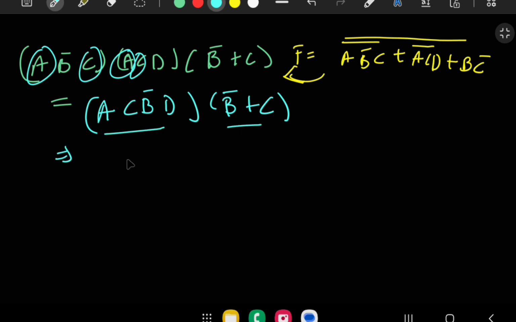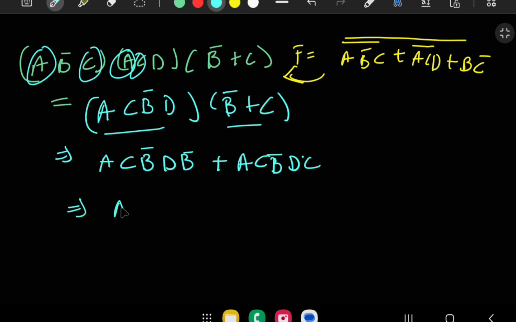This multiplied by this: a c b bar d b bar plus a c b bar d c. Right? Now we can create a c b bar d plus a c b bar d. This will be a c b bar d. Right? So this will be the answer.